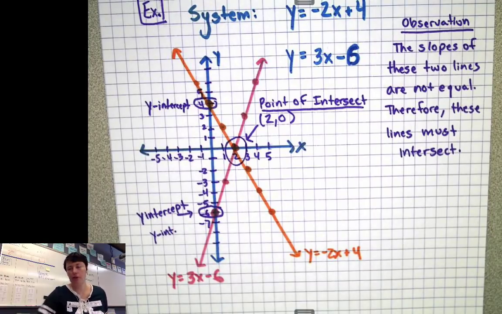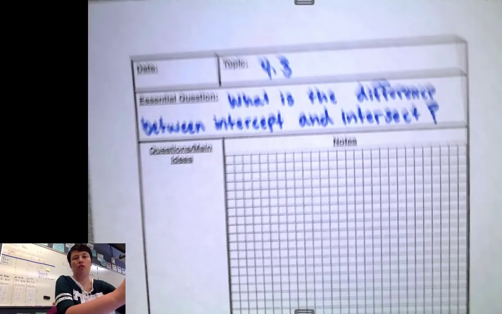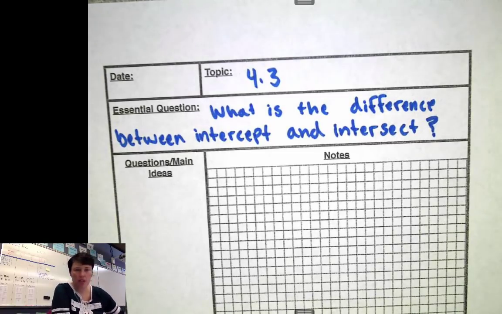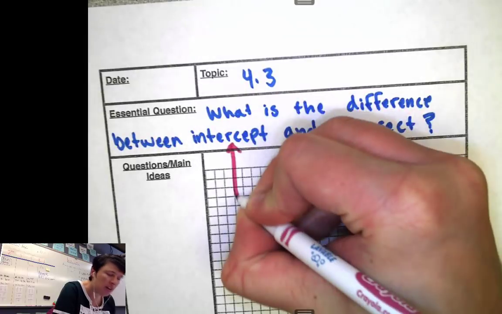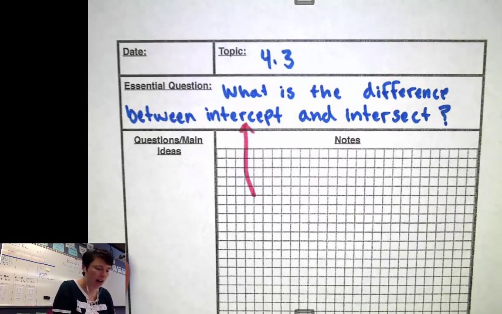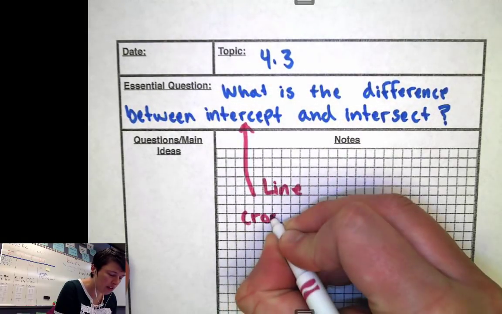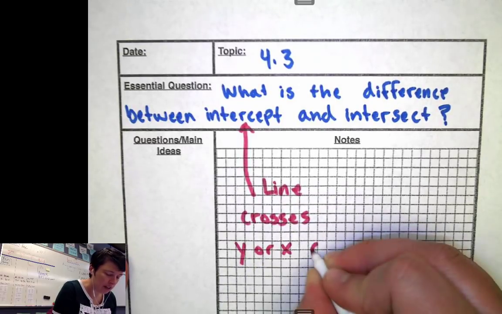Okay, so I told you we were going to come back to the front page of our notes. Let's do that now. Now's an appropriate time. So remember we left a little space. You might have left less than me, but that's okay. What I'm going to do is just draw a little arrow here to intercept. This is referring to when a line crosses the x or the y axis. So a line crosses the y or x axis.